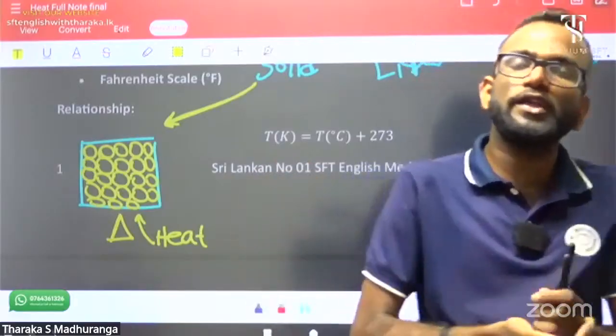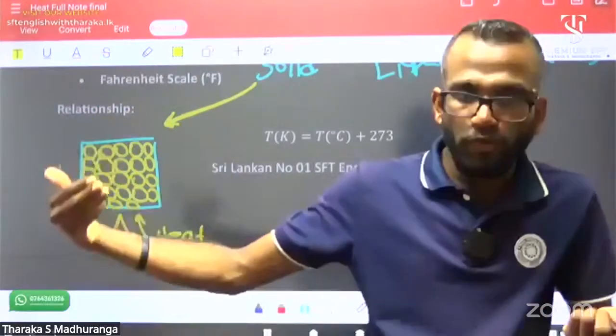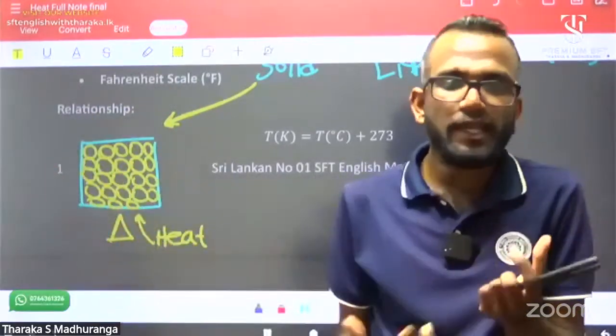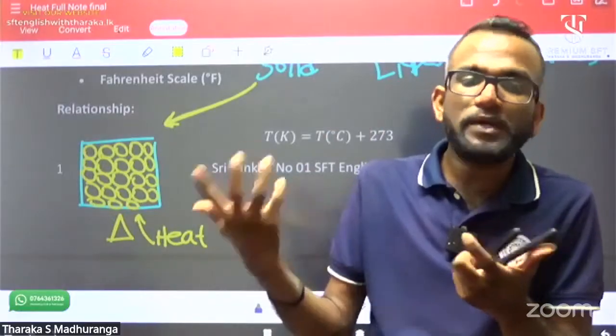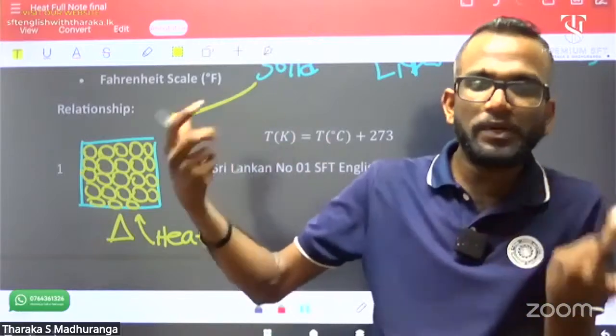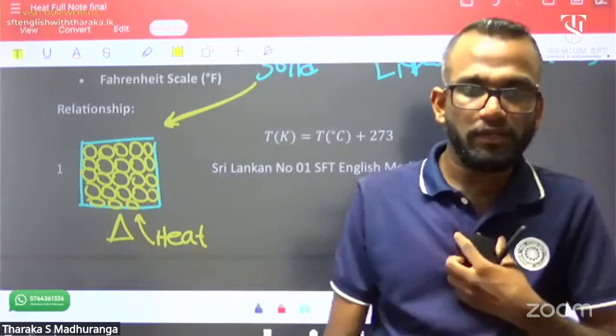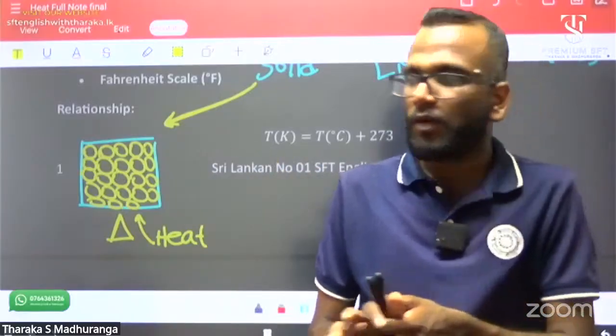According to the energy conservation law, energy can't be created or destroyed. So the absorbed heat should have a purpose. It should have a direction. Okay, then what happened?